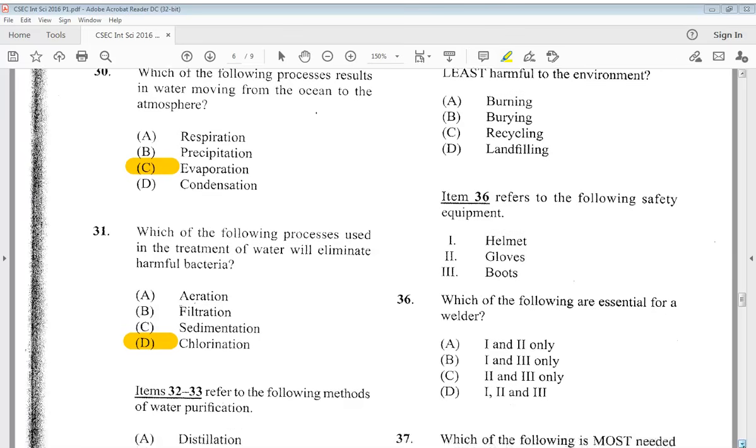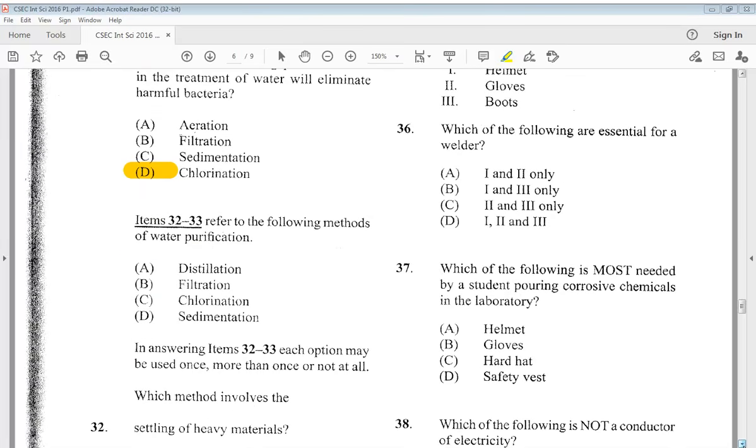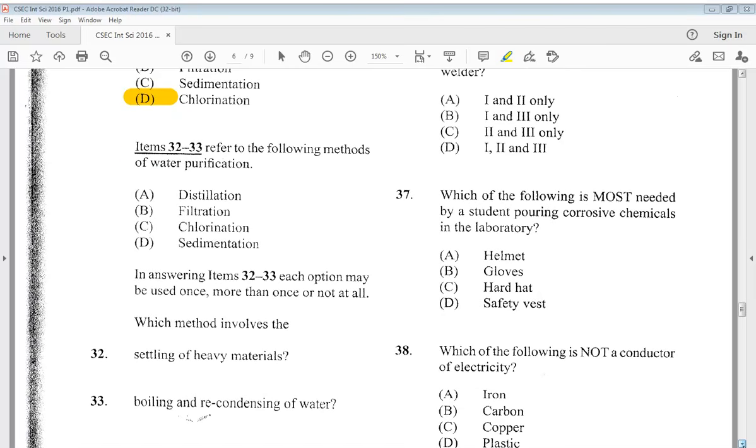Items 32 to 33 refer to the following methods of water purification. A. Distillation. B. Filtration. C. Chlorination. Or D. Sedimentation. In answering items 32 to 33, each option may be used once, more than once, or not at all. 32.